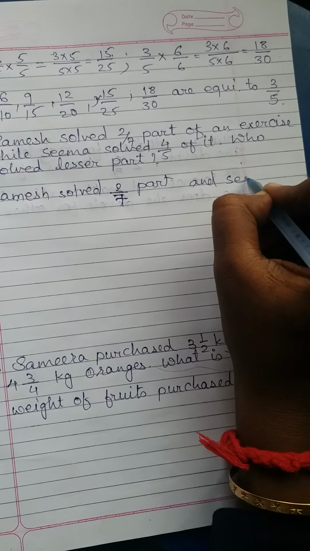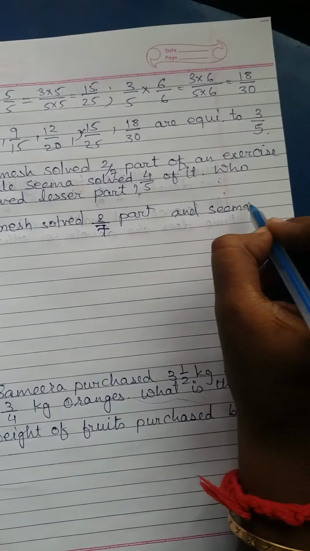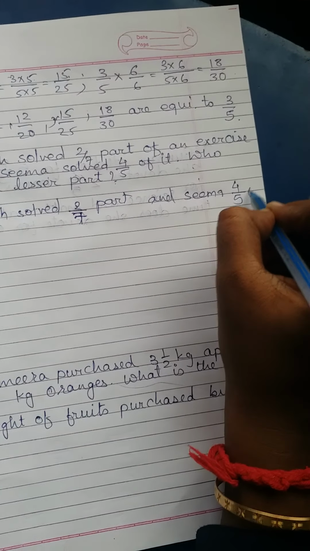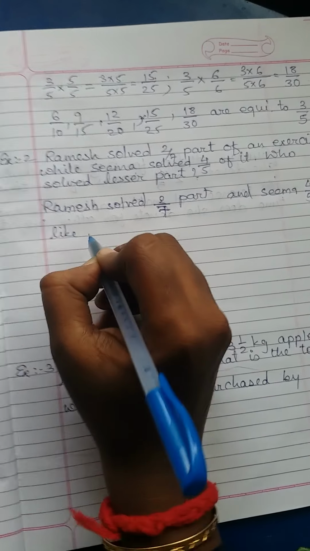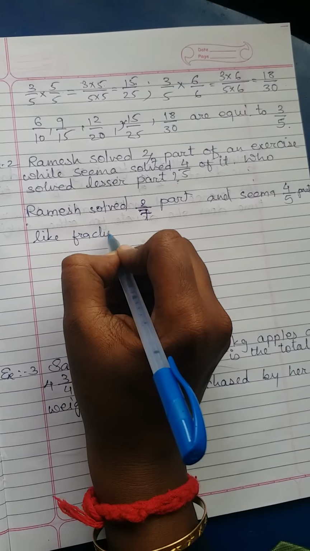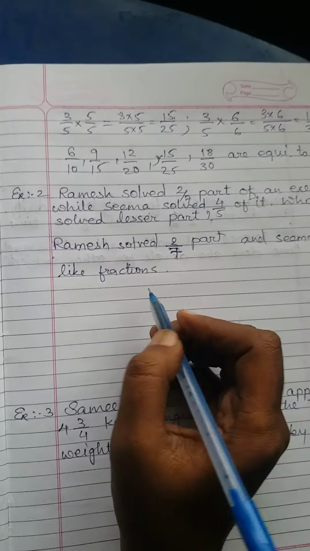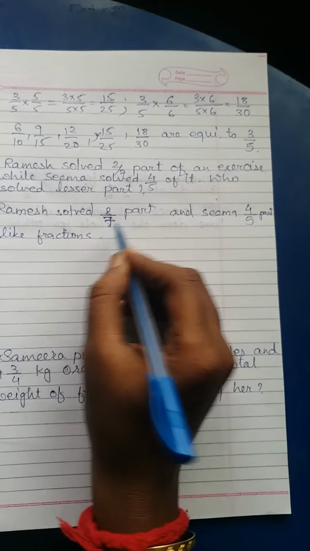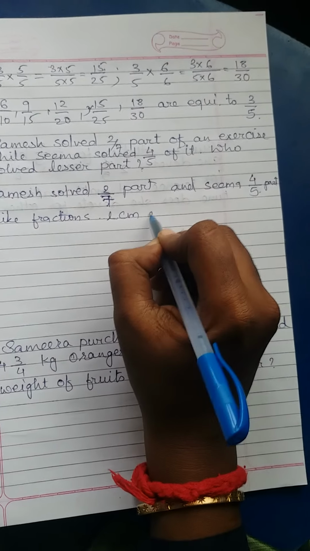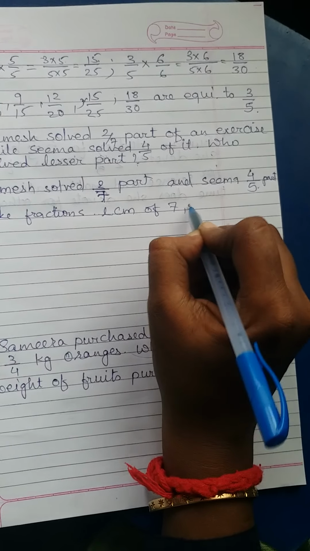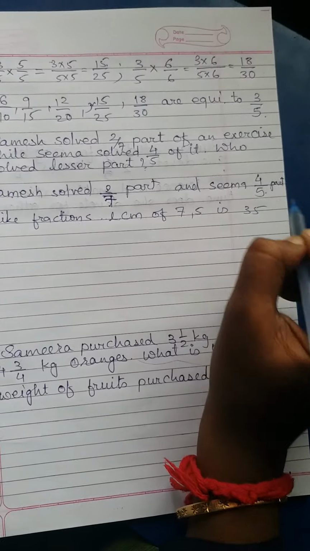and Seema, 4/5 part. First we convert to like fractions by taking LCM of both denominators 7 and 5. LCM of 7 and 5 is 35.